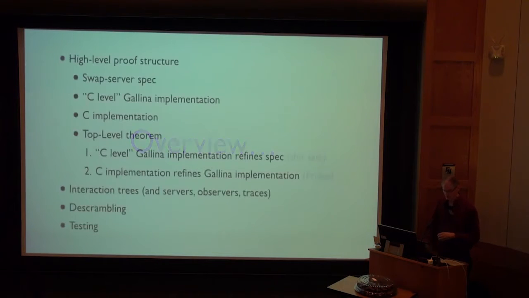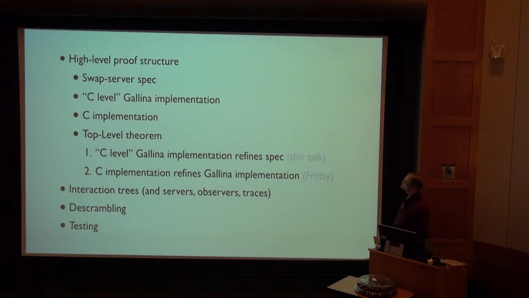Okay, so here's the table of contents. I am first going to walk you through the high-level structure of the proof that we are 99% finished with. So I'm going to show you the specification, I'm going to show you the intermediate C-level Galena implementation, and I'm going to show you the actual C implementation, not in very much detail. And then I'm going to show you the top-level theorem.